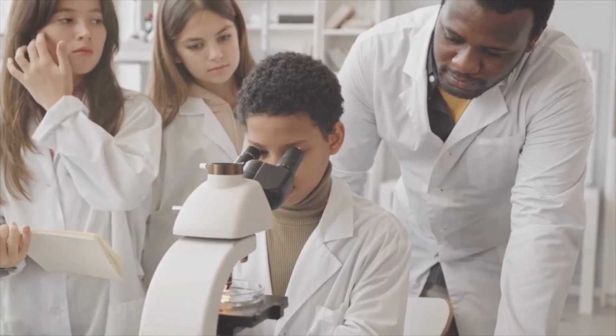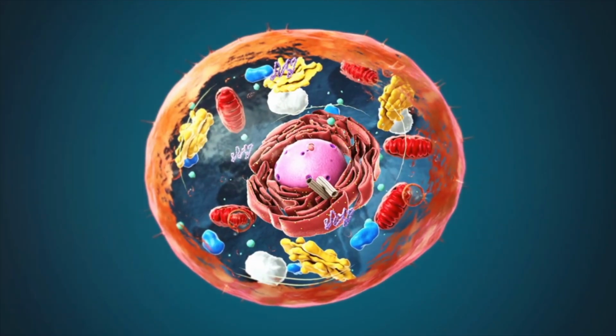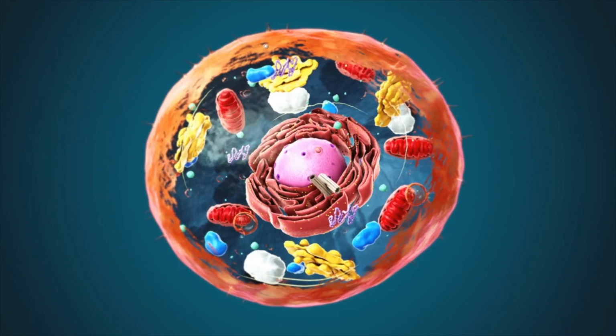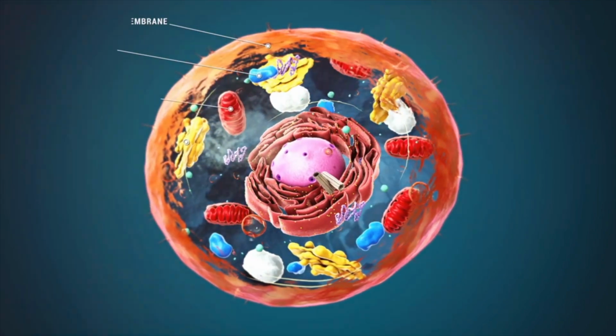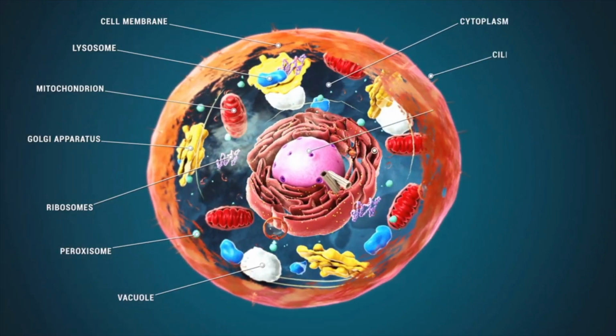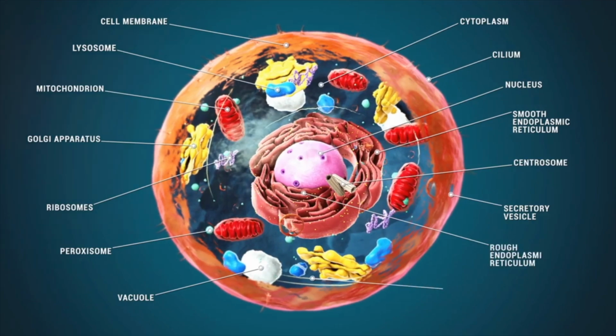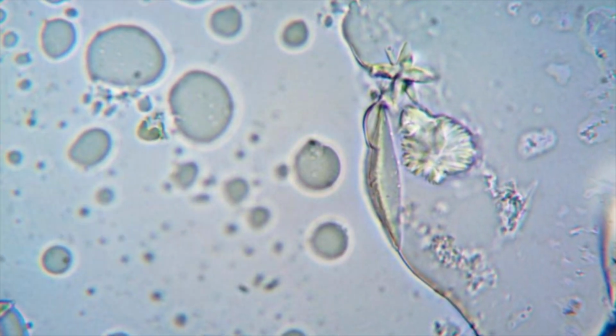So now let's discuss cell organelles. To break it down, inside every cell, whether in plants or animals, are tiny structures called organelles. Think of these like the cell's mini machines, each with a specific job. The star of our show today is the nucleus. Remember how atoms have a nucleus packed with protons and neutrons?